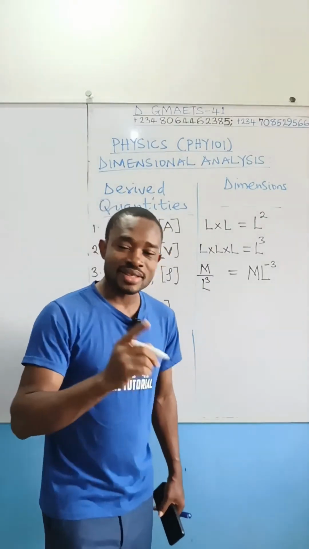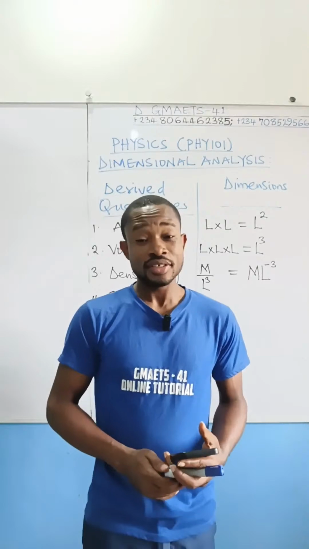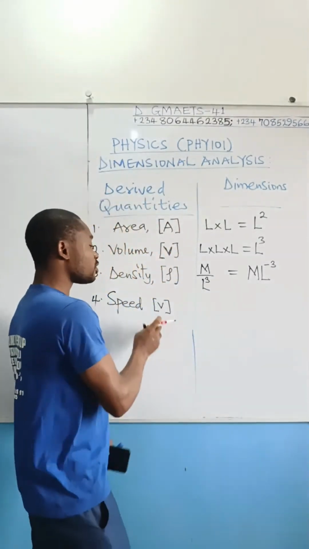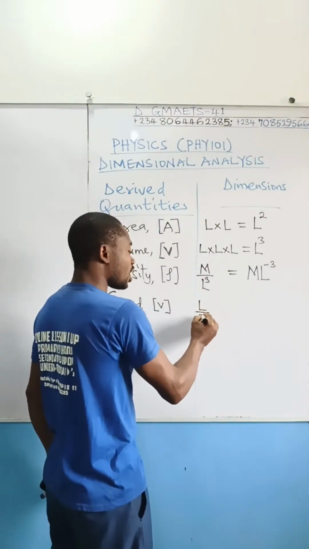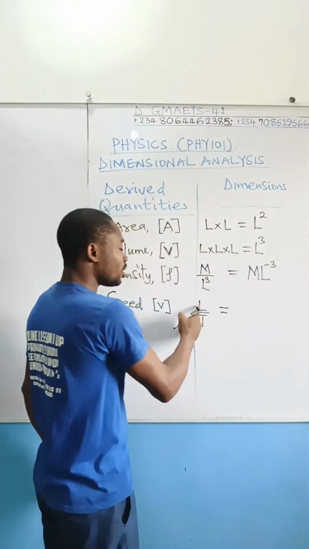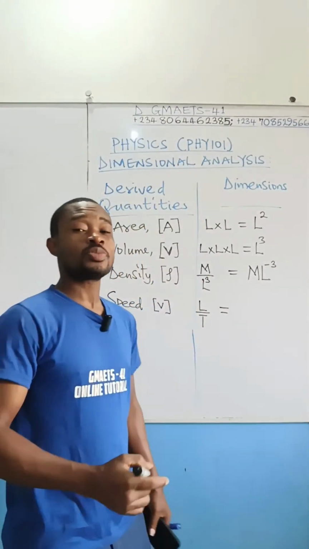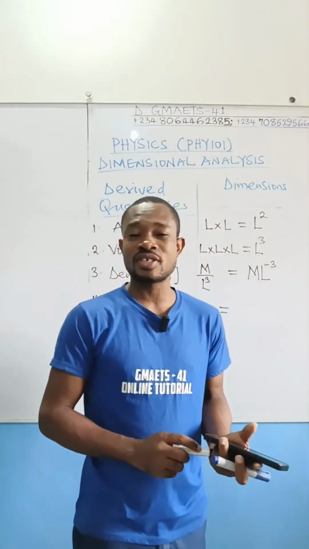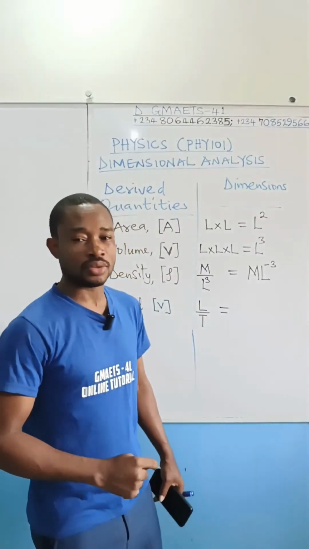And the dimension of distance is length related. I've said that time and again. Therefore, the dimension of speed will be the dimension of distance, which is length, all over the dimension of time, which is capital T. And again, you are not allowed to leave dimension in quotient form, because by the definition it is a way of expressing a quantity as product, as multiplication of symbols.